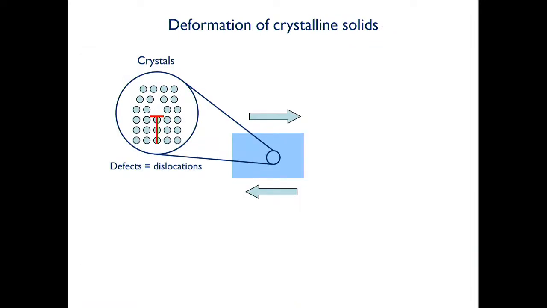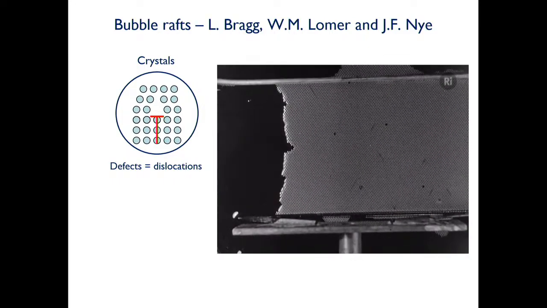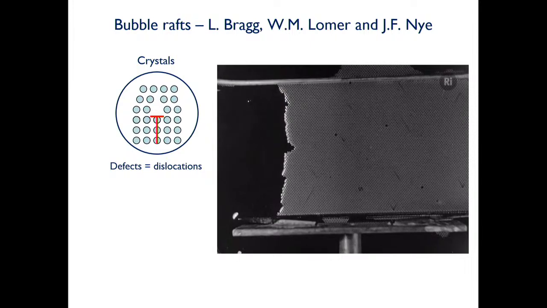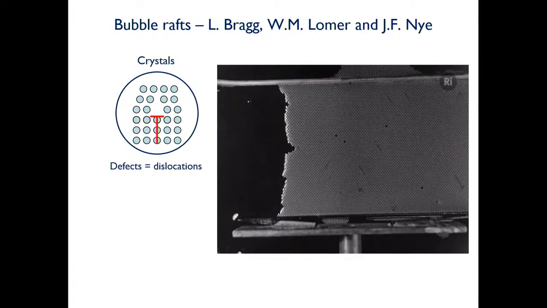Even before I start talking about disordered systems, let's take a moment to look at how ordered solids deform. Ordered solids generally contain defects, and when you apply stress on them, this is what happens. The movie being shown here is from experiments conducted by Bragg and his collaborator way back in the 1950s.